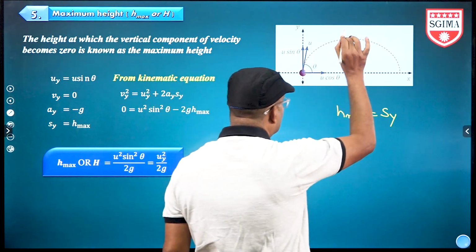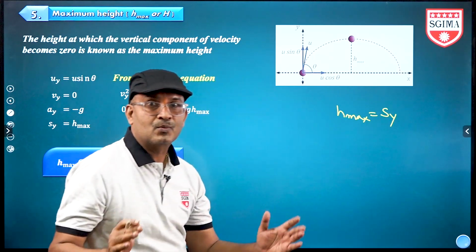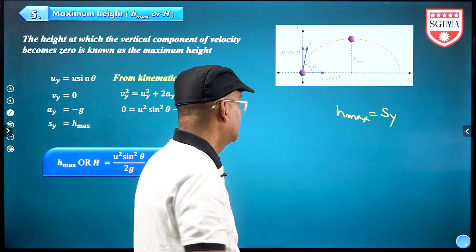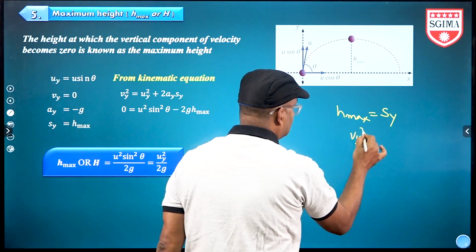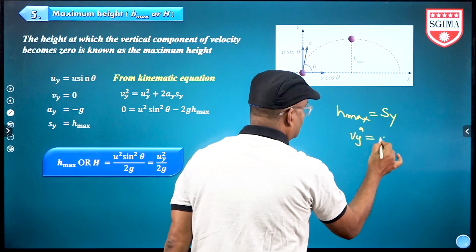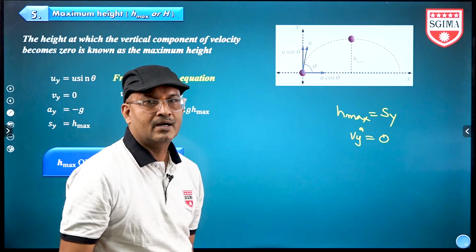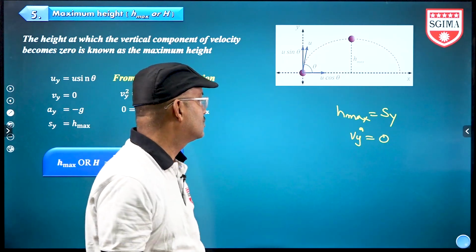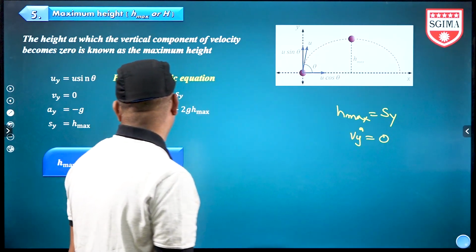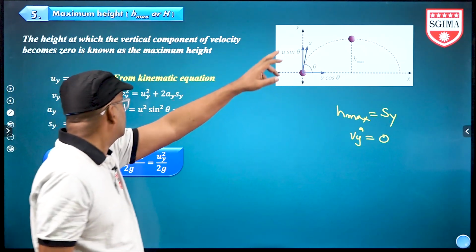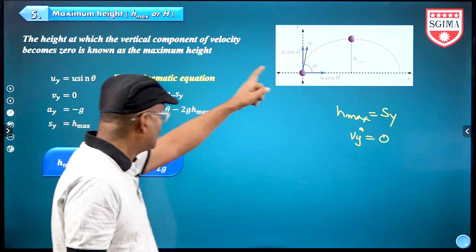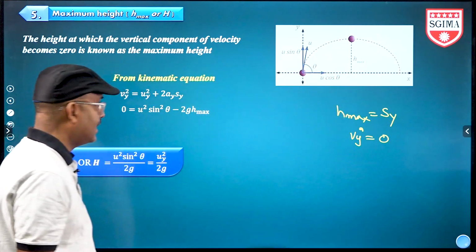So at the highest point we already know that the vertical component of velocity Vy is equal to 0. Now, the height at which the vertical component of velocity becomes 0 is called maximum height.